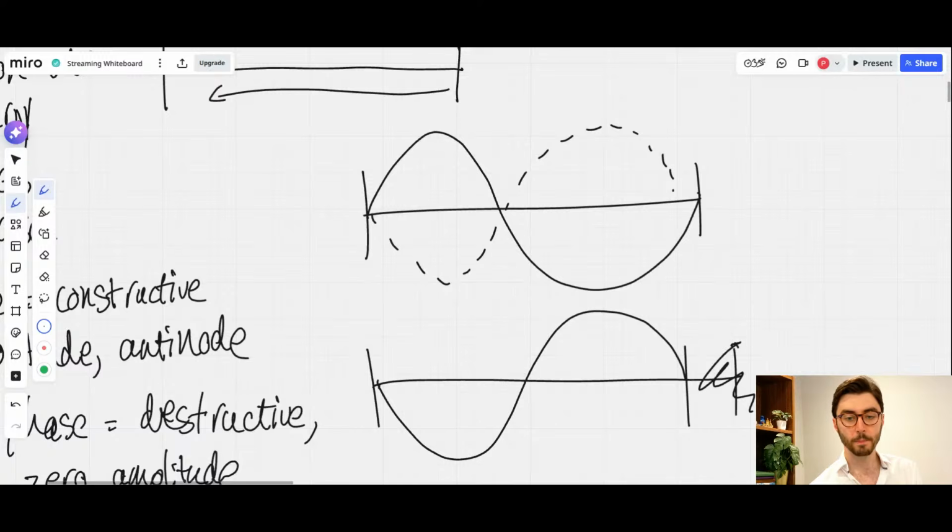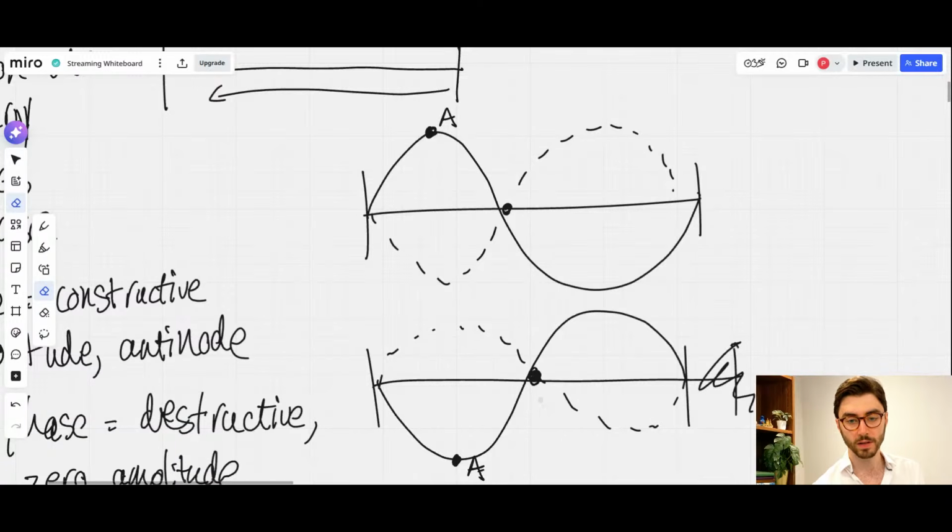So in other words, this point A, at this point in time is there, and it has moved down to here at some later time. But this point B will still be this point B in the middle. In fact, I'll call it N because that will be a node.